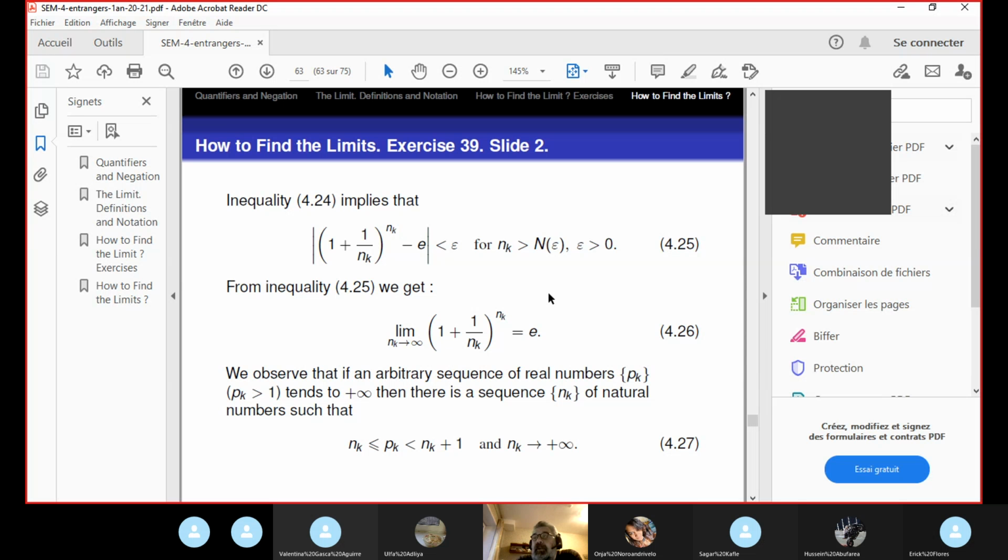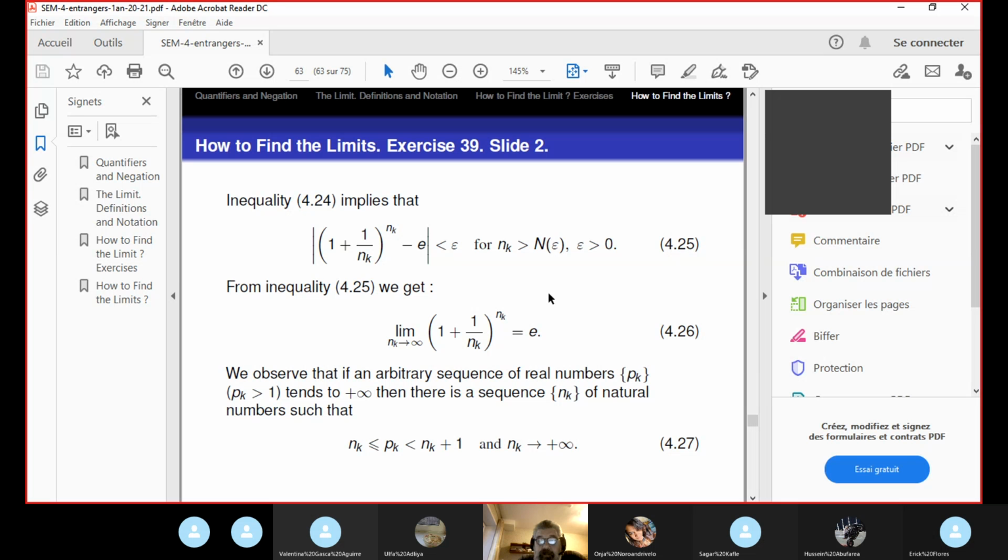But you see, Valentina, for example, if you take the number 78.5, it is greater than 78, a natural number, and 78.5 is less than 78 plus 1.